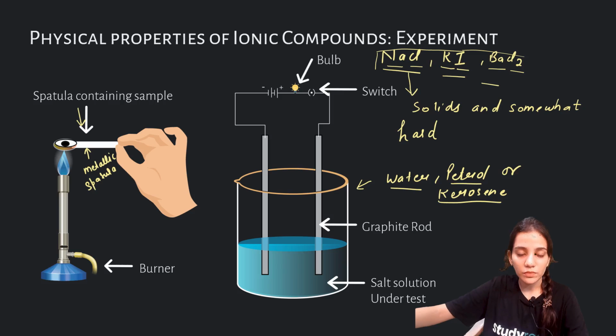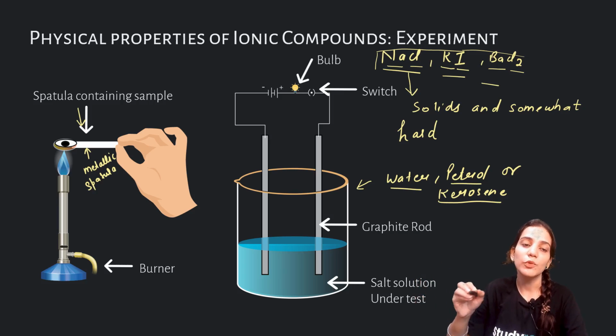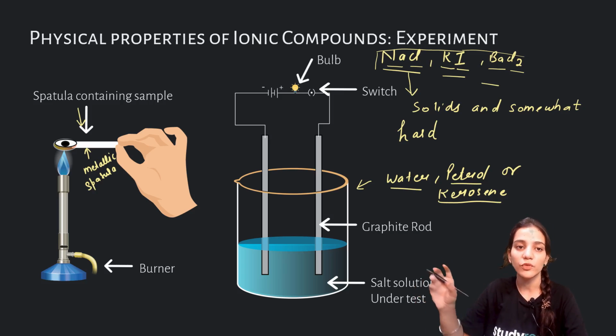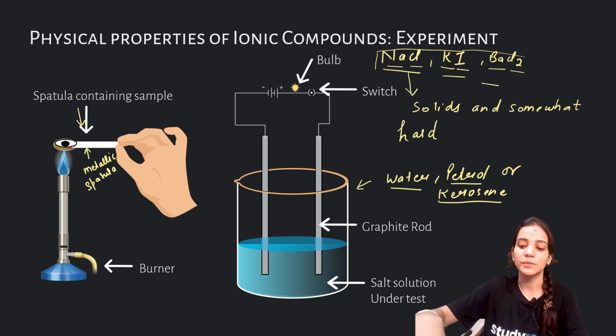Let me explain it in simpler language. Suppose these ionic compounds are dissolved in water. They will conduct electricity only when they are freely moving, that is, when dissolved in water. In their solid form, they won't conduct electricity.